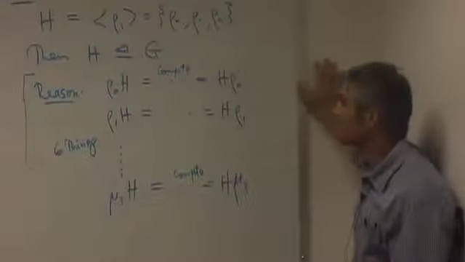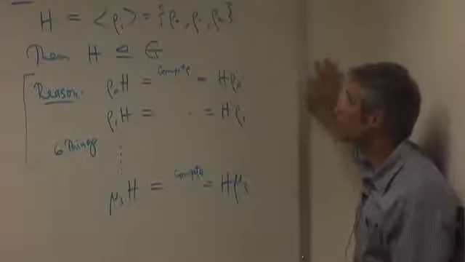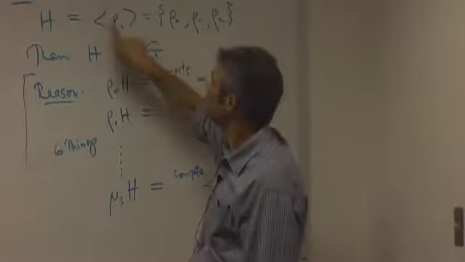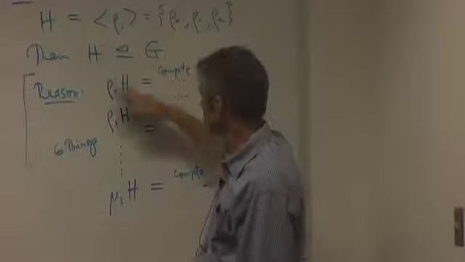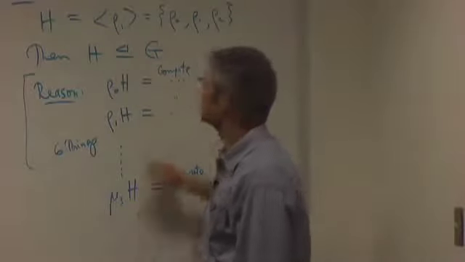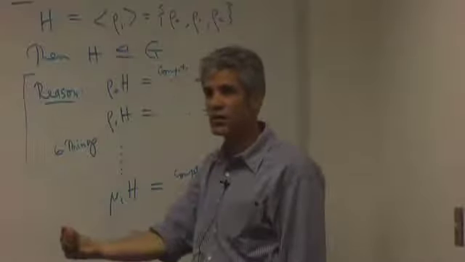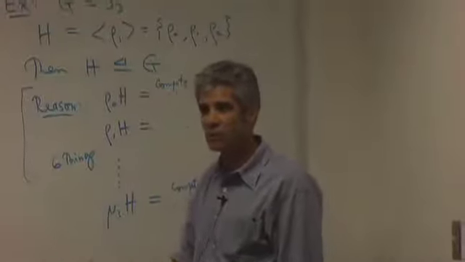This is another good example to write down for the following reason. Inside this group, we've just written down a normal subgroup. But in this same group, if we were to choose a different subgroup, it might not be normal. Okay?